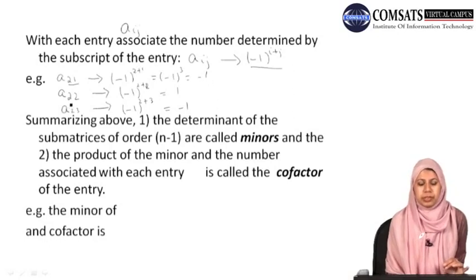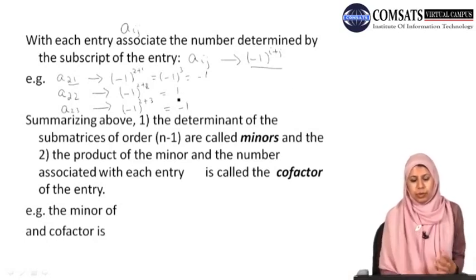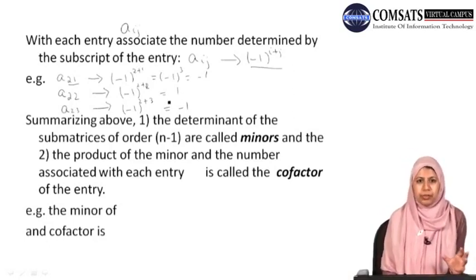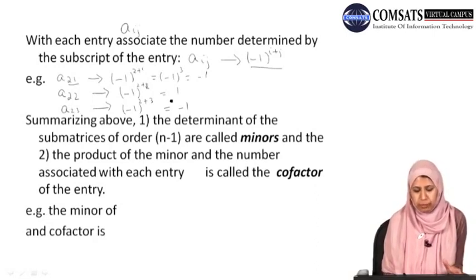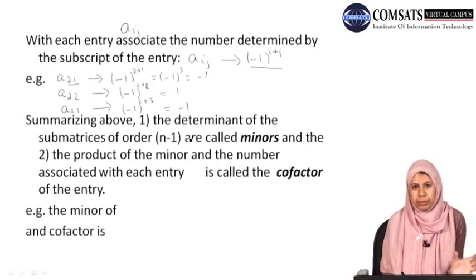Whenever the sum of subscripts is even, the number will be 1. Okay. Now what we have done so far, we were given a matrix of order 3 by 3, and with some particular entries, the determinants of the submatrices of order n-1, we call by a particular name.